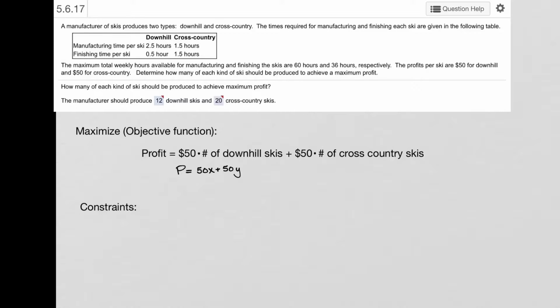Next, we have our constraints. So we have constraints on time. We can't use more than 60 hours to manufacture the skis or 36 hours to finish the skis.